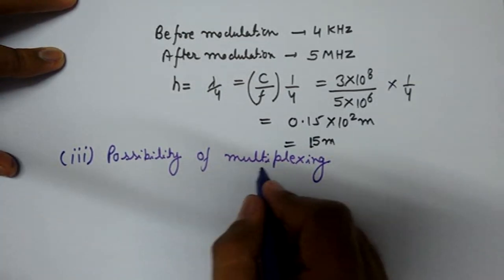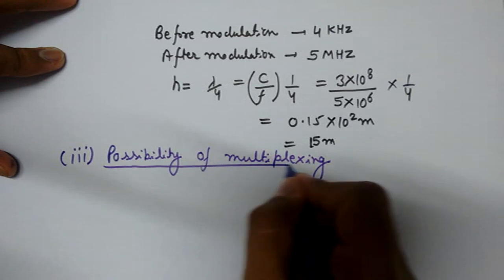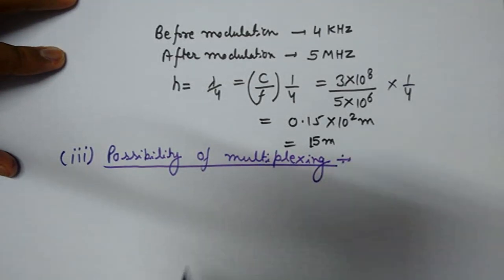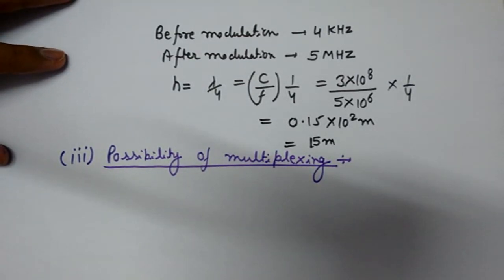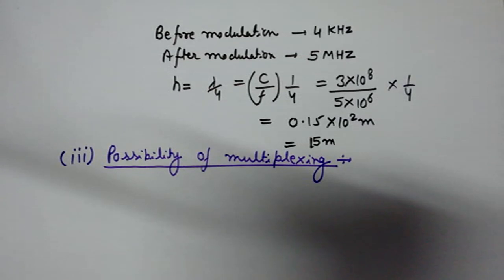Have you ever heard this multiplexing? Okay, let me tell it to you. Multiplexing can be defined as a process by which two or more signals can be transmitted simultaneously over the same channel for communication.